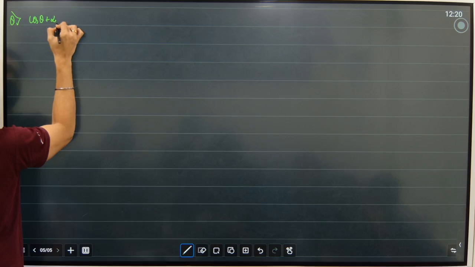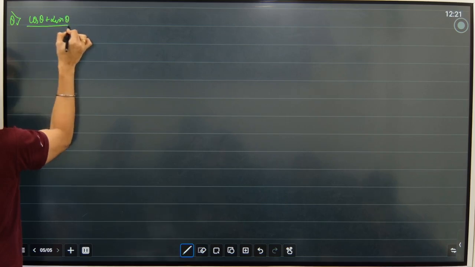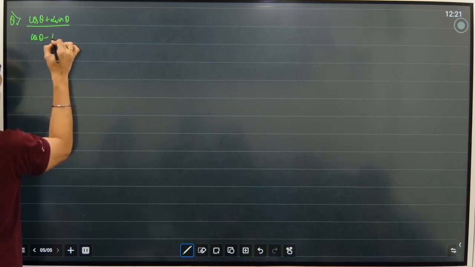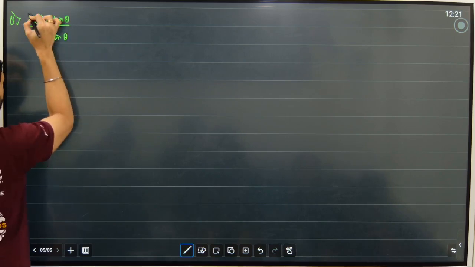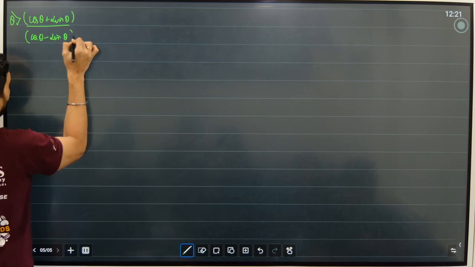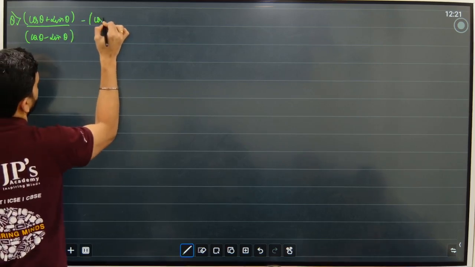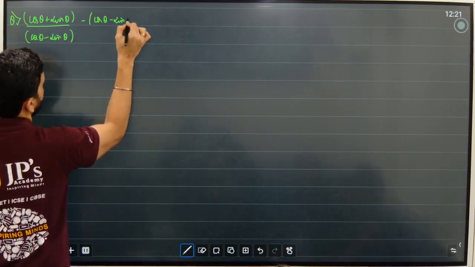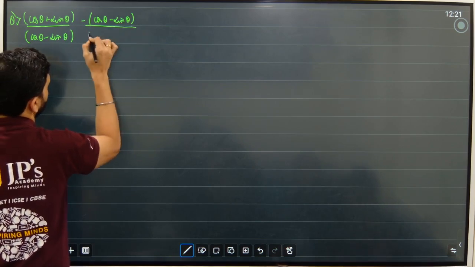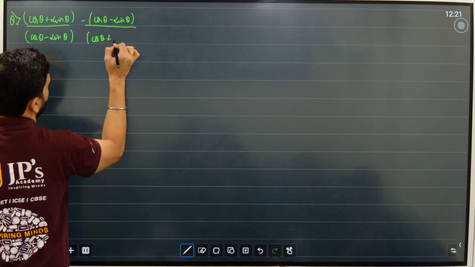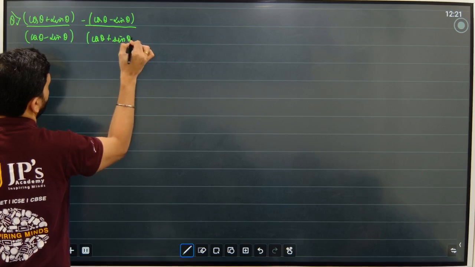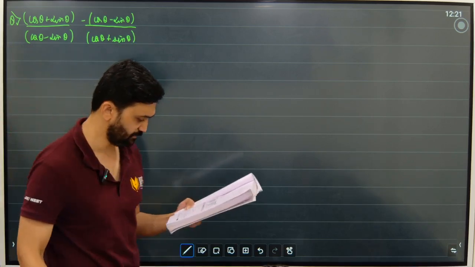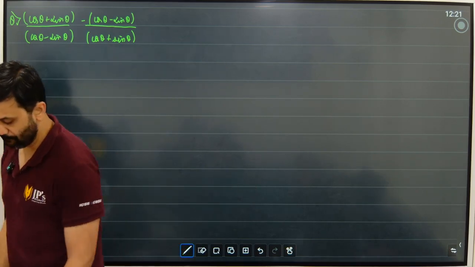Cos theta plus sin theta upon cos theta minus sin theta minus cos theta minus sin theta upon cos theta plus sin theta. ठीक है, minus.